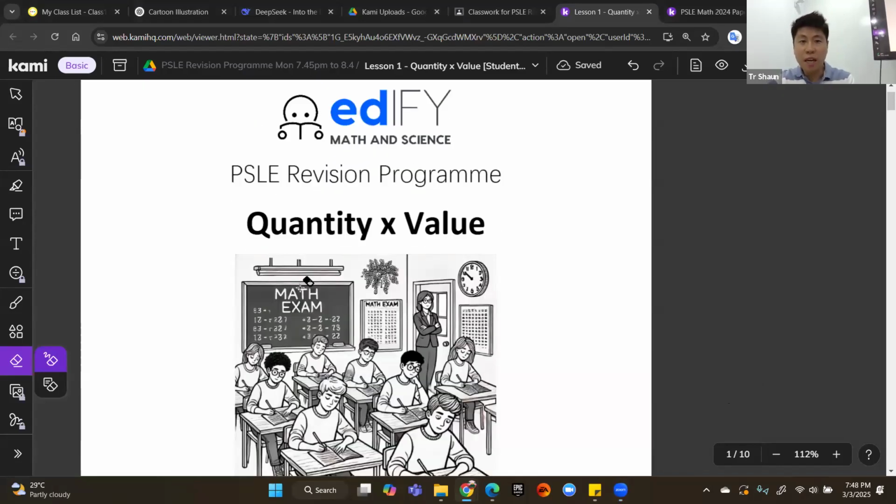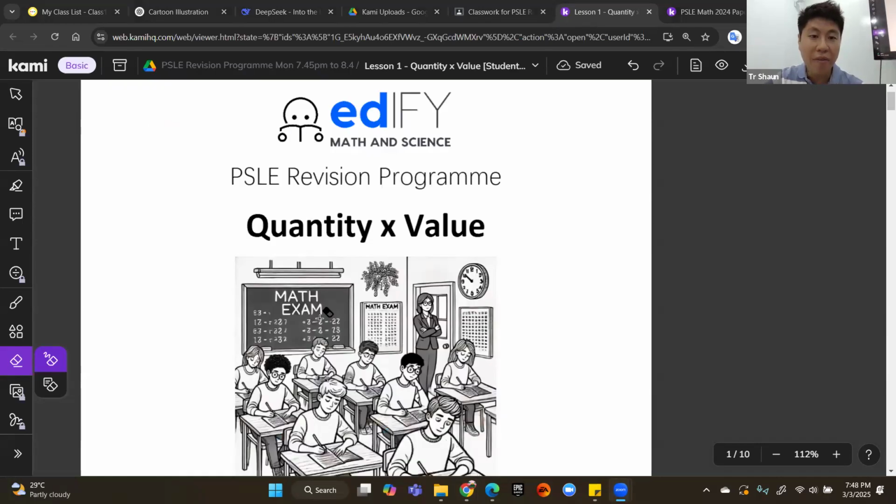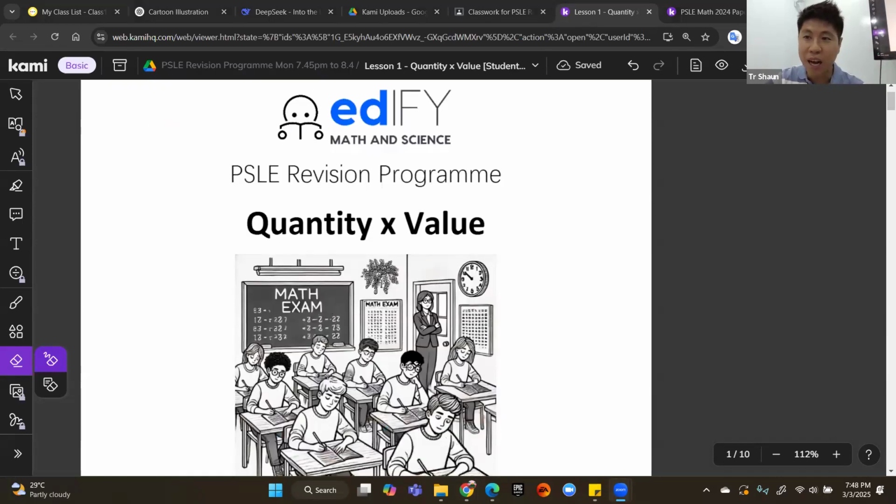Okay, how many of you have the hard copy worksheet? This is the latest copy. There was an earlier copy sent out, but I realized I missed out one of the questions. If you have the latest copy, it will have the math exam on the cover page.